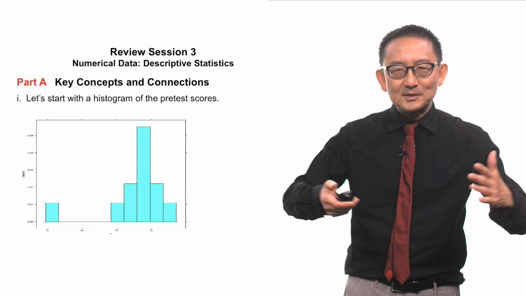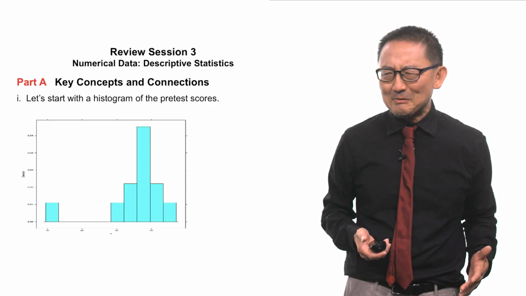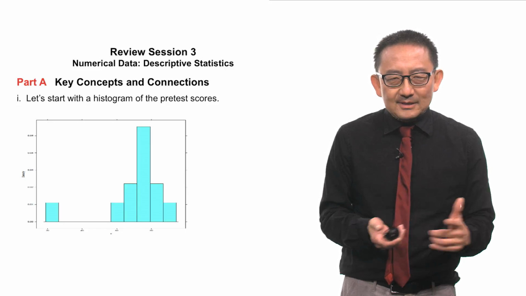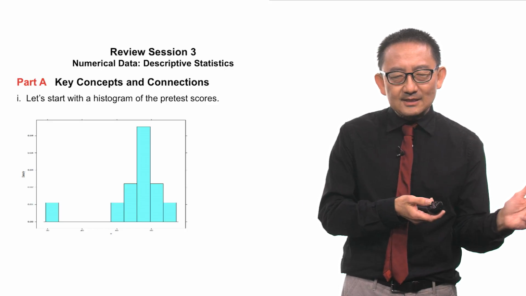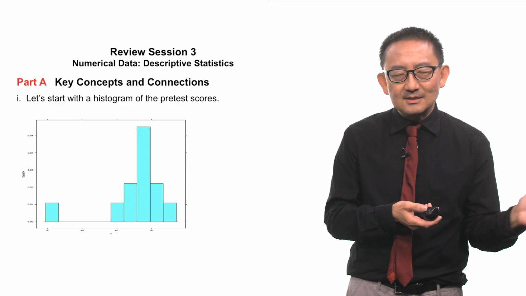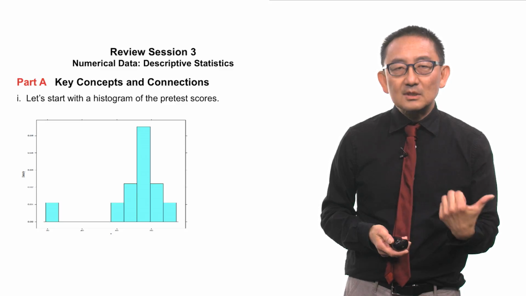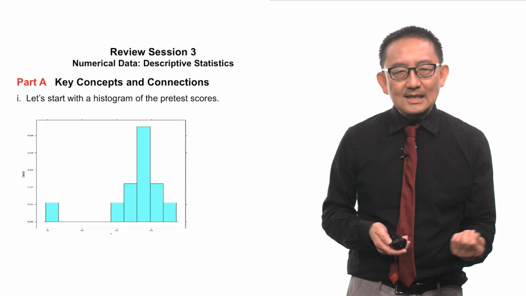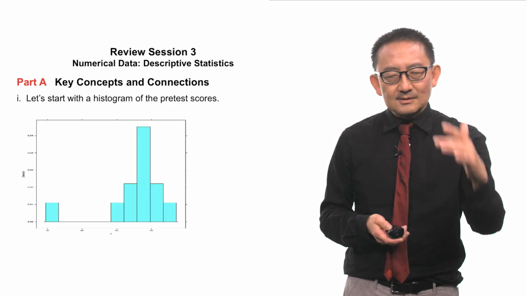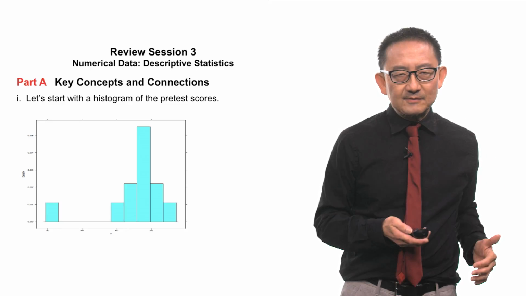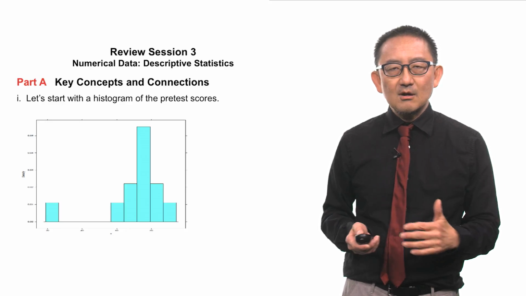Usually even symmetric distributions aren't quite that symmetric. But then look, there is a data value all the way to the left. That would make this distribution as a whole skewed left, and that is due to one of the data values being considerably lower than all of the rest.